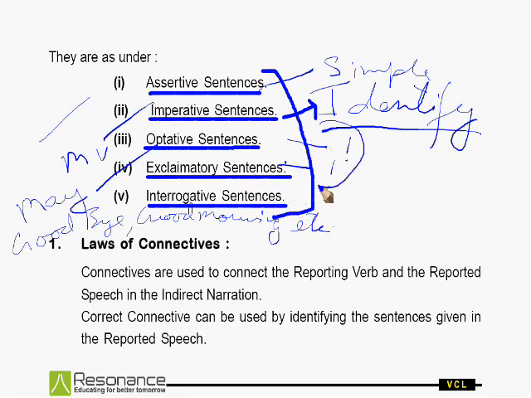Now how to find out the difference between the two? As I told you, in the optative the sentence will either start with may, or it will start with good morning, goodbye, etc.